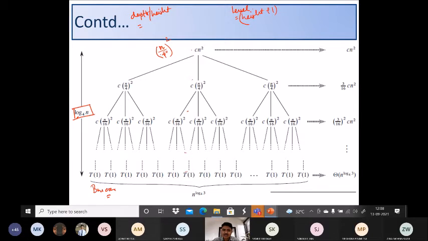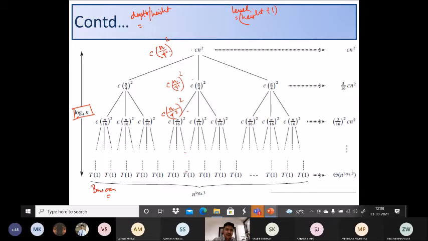Here it is c(n/4) to the power 1, squared.